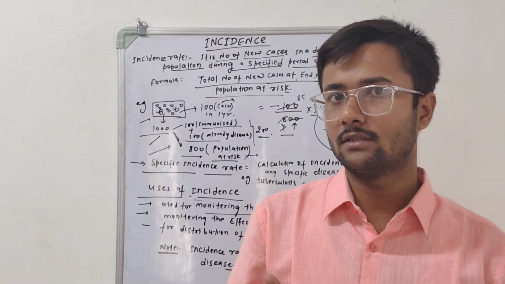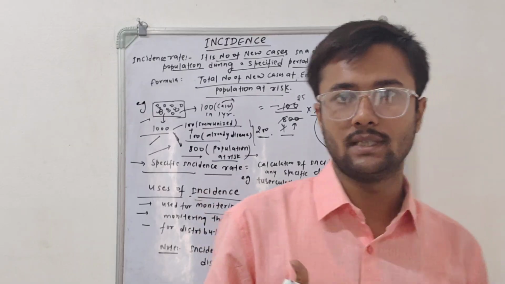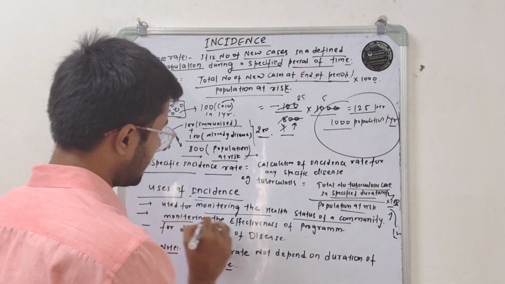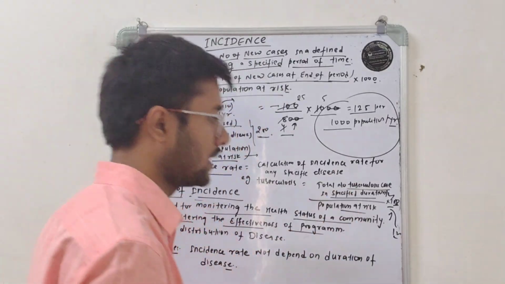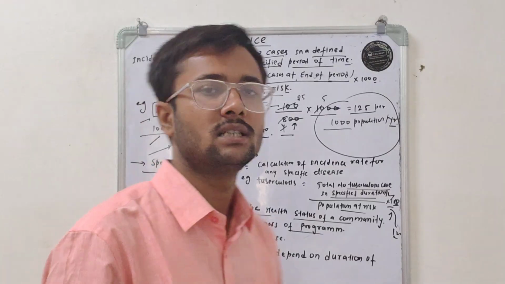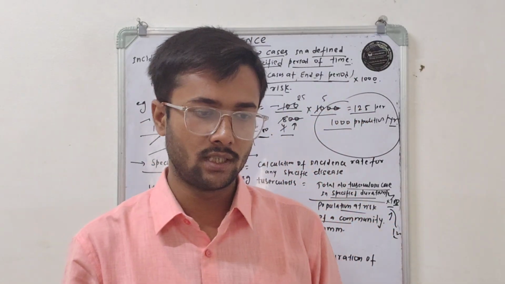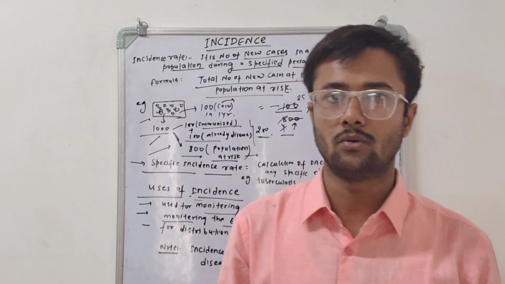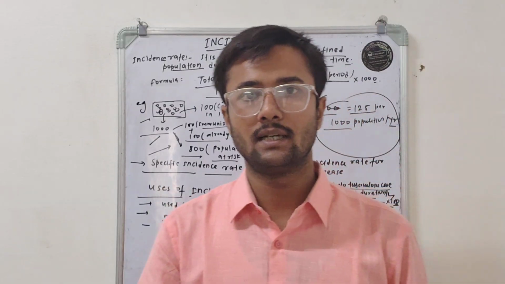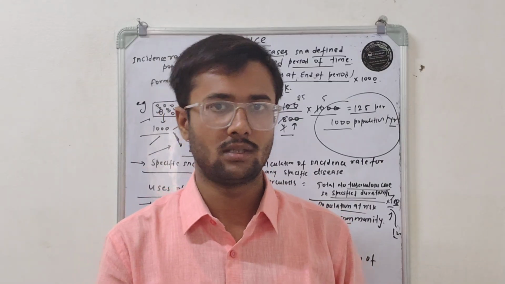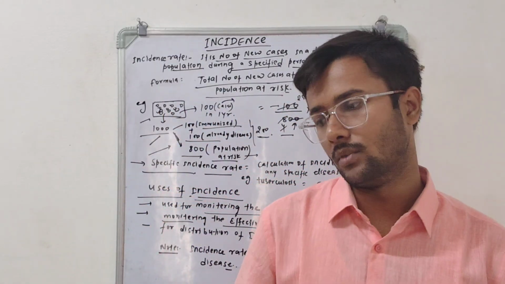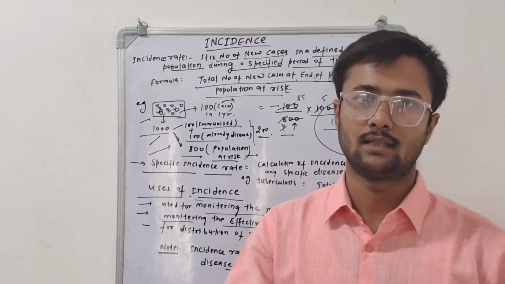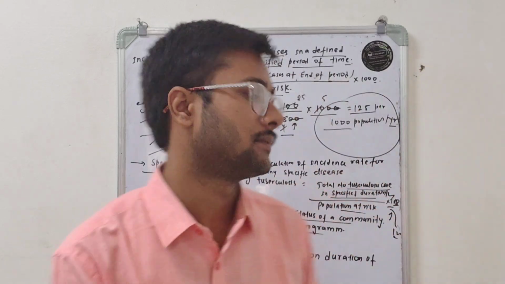Another use is monitoring the effectiveness of a program. For any program we launch in a community, is it effective or not? If the incidence rate is high, that means the program is not effective. But if the incidence rate is low, it concludes that the program is effective.